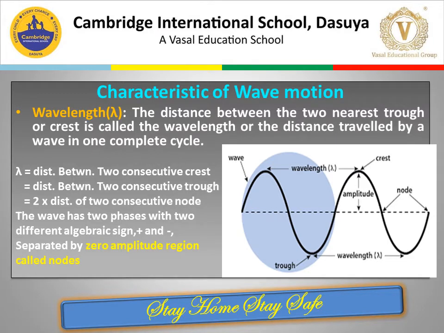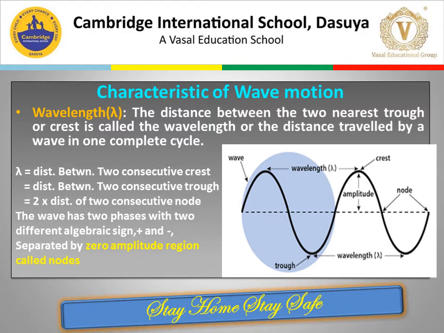In the figure which we have given here, you must have seen that the wave is in two directions, one in the positive direction and another in the negative direction. The mean point is called the node. The wave in the upper direction is the positive direction, and lower is the negative direction.